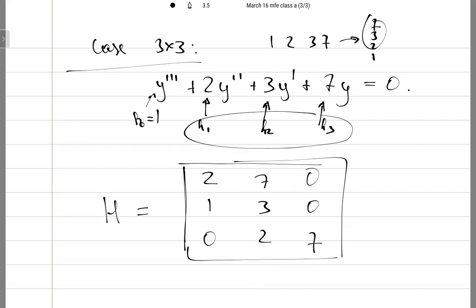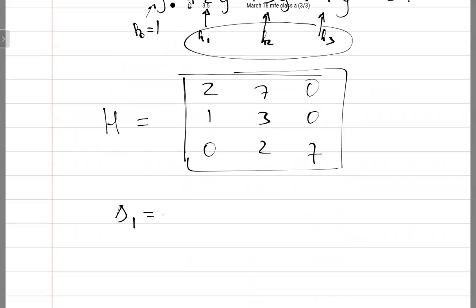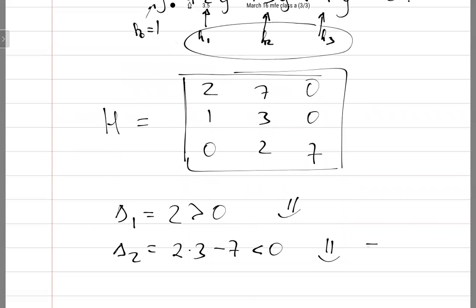Basically, that's all. What is delta 1? Delta 1 is 2, greater than 0. I'm happy. Delta 2 is 2 times 3 minus 7, which is negative. I'm also happy, because I don't need to check delta 3.